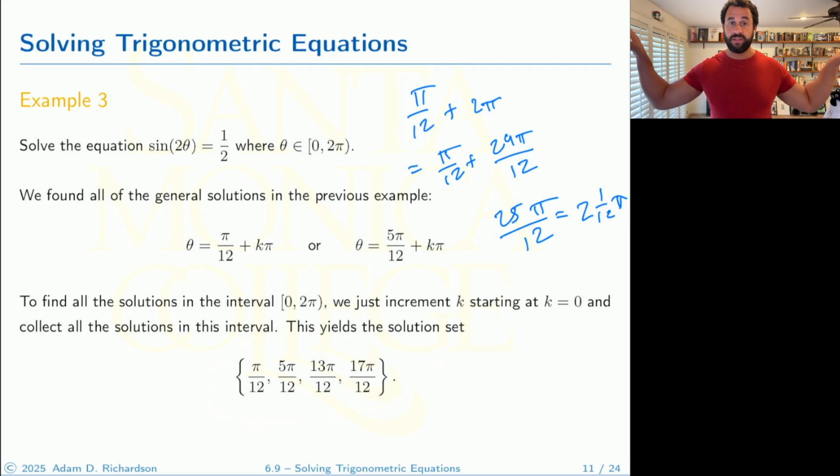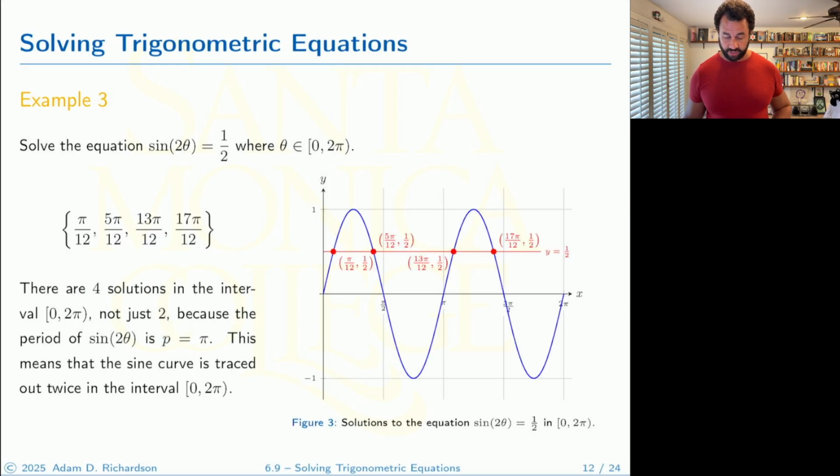Of course, there are infinitely many solutions going outward in both directions, but those are not in the interval 0 to 2 pi. Again, let's take a look at a picture of it. Here is a visualization of those solutions. This is the graph of sine of 2 theta. Notice here that there are two periods. Remember, when you change that number omega, that changes the period of the function.